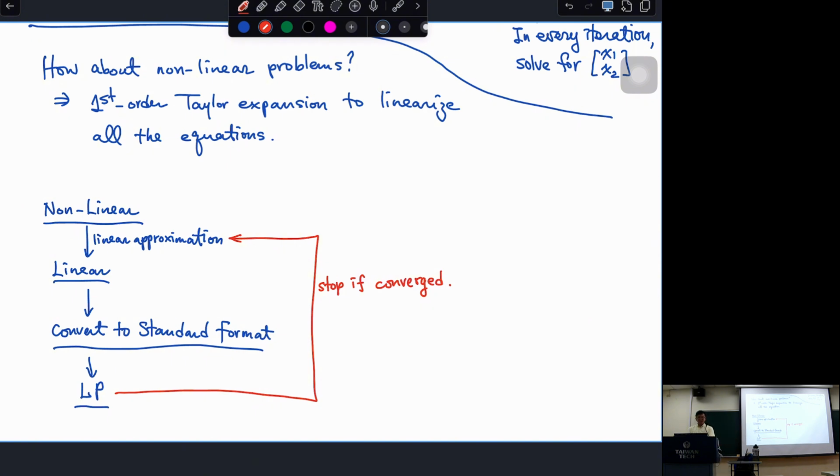If you do this, this is called sequential linear programming, so-called the SLP. Okay? So if you know how to do SLP, you can already solve a lot of problems.